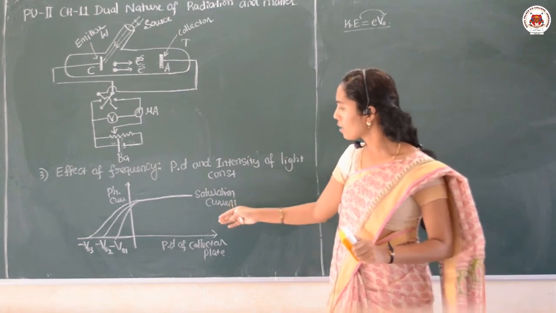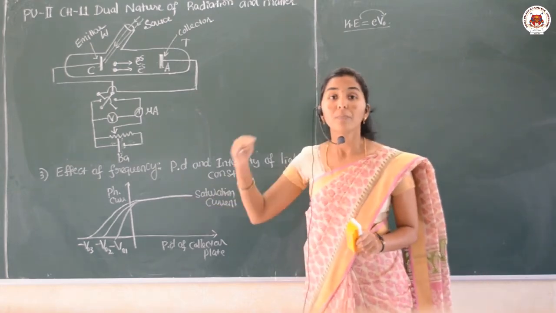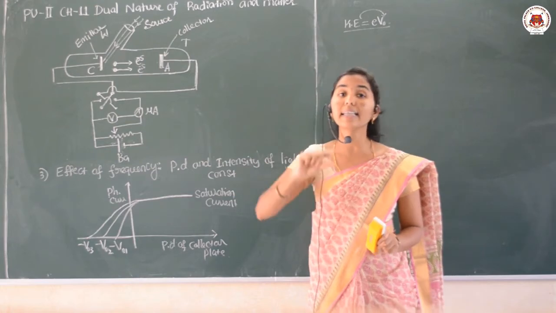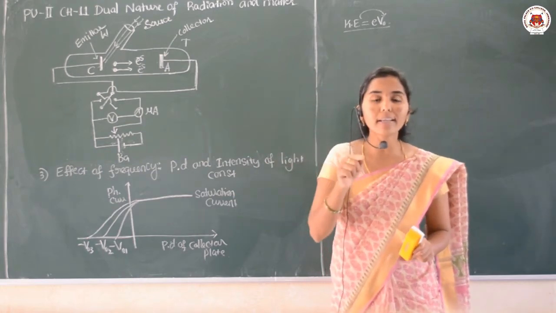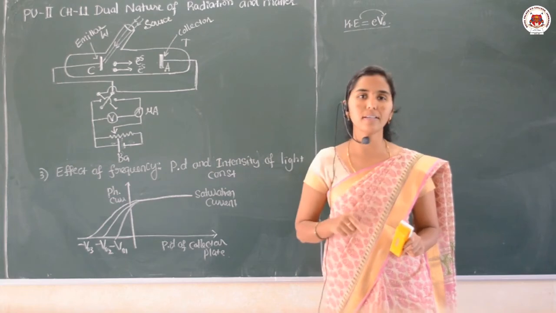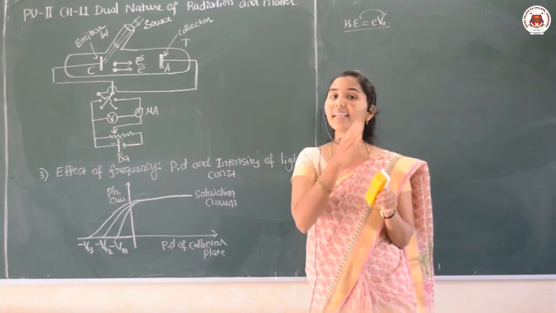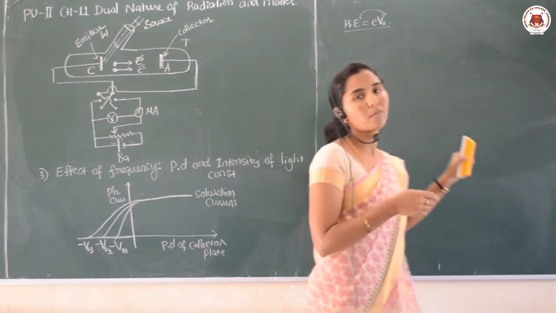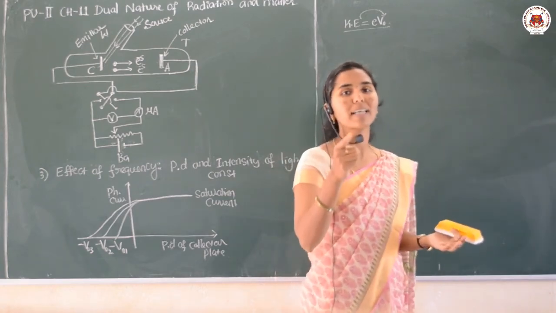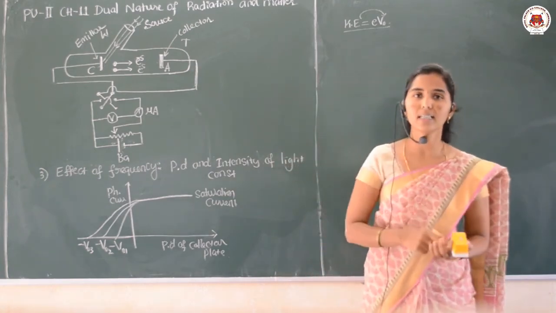Where we are observing that if the frequency of the incident radiation increases, accordingly the kinetic energy of the photoelectrons increases. And if the kinetic energy is increasing, by formula and by general concept also, the stopping potential increases.